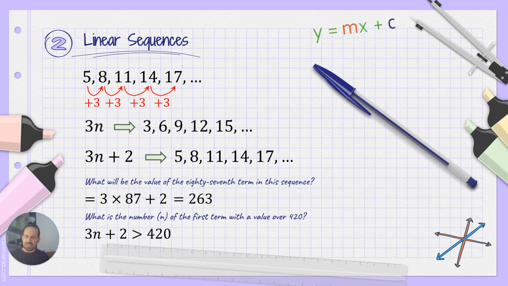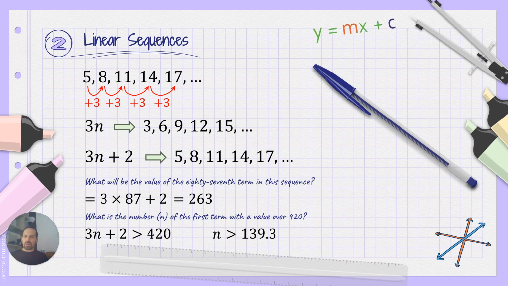What we're trying to find is basically the solution to this. 3n plus 2 is the value of each of our terms. We want to find for what value of n, what term number, is then going to be greater than 420. And so if we now solve this inequality in the same way we usually do, being mindful of when inequalities might flip, it shouldn't in this case.